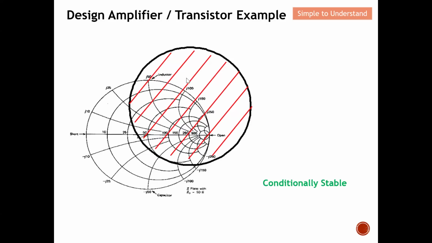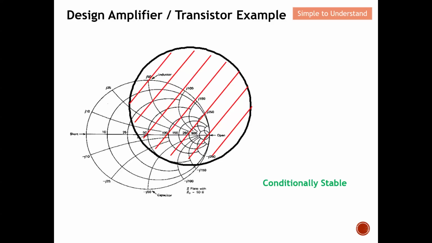For this case, I need to have a certain condition, because you can see that this part is unstable. Therefore, I need to declare this transistor as conditionally stable, because I need to ensure that they are not within this region here. Because of this, I can only declare the transistor as conditionally stable. So this is the third one.